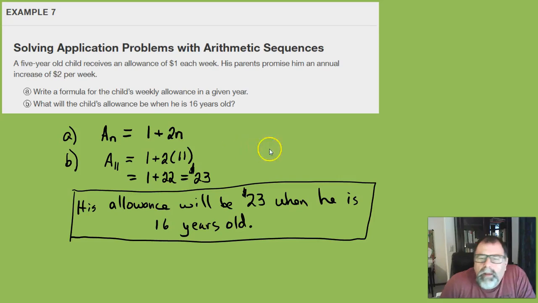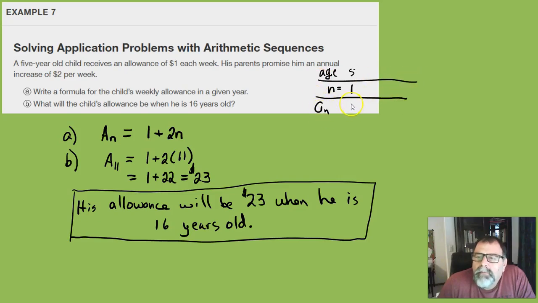Let me add a little more detail here. So we're saying n is 1 when the age is 5, and then A sub n was 1. Actually, that doesn't make sense, huh? Age 6 would be 2, this would be 3, because if you put in 1 in here, that would be 3 for his allowance. So actually, this should be 0, and this should be 1.